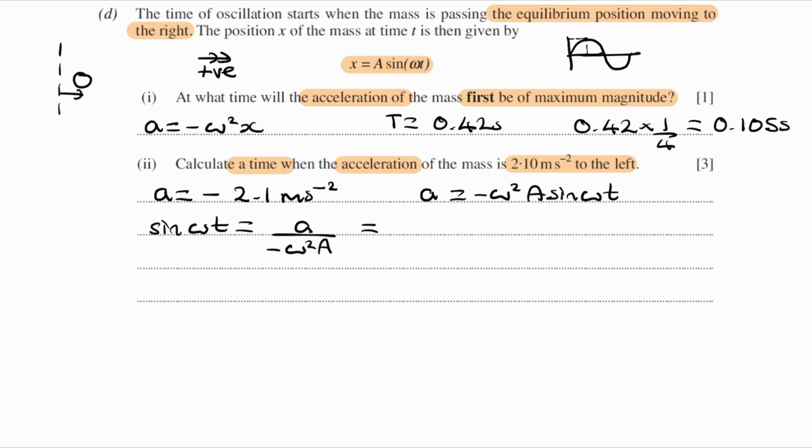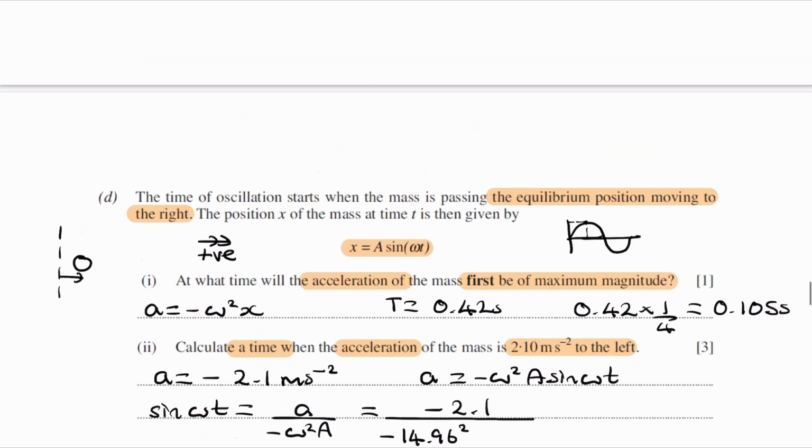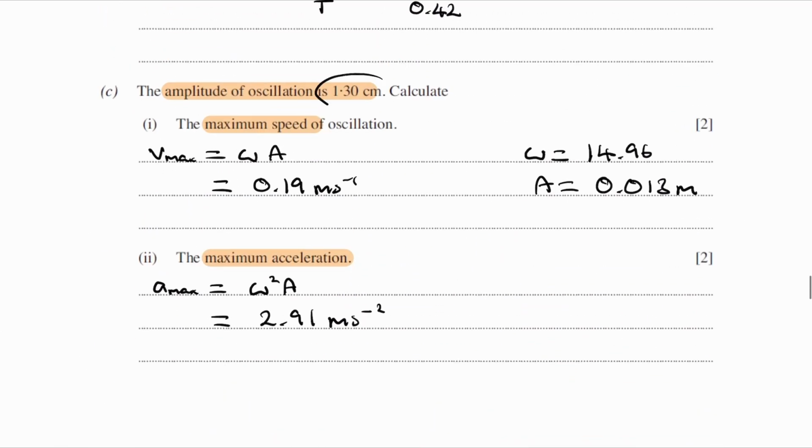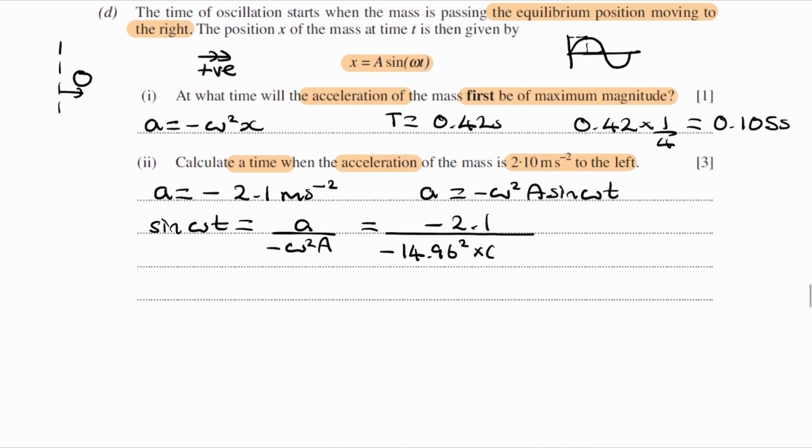So the acceleration is minus 2.1. Then we have minus ω². ω was 14.96. We worked that out earlier. The amplitude was this, so that would be 0.013 meters. So times 0.013, and this gives us 0.7218. Now, if we do inverse sine of that 0.7218, we get ωt.